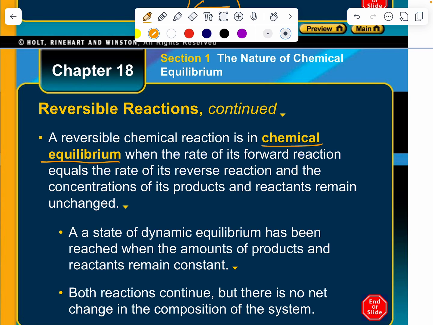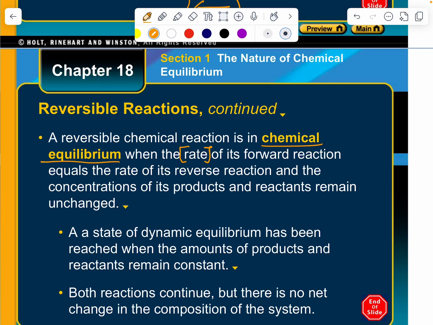The meaning of equilibrium in chemistry is about rate. The forward reaction will have a rate and the reverse reaction will have another rate. If these rates are equal, then we have a chemical equilibrium.